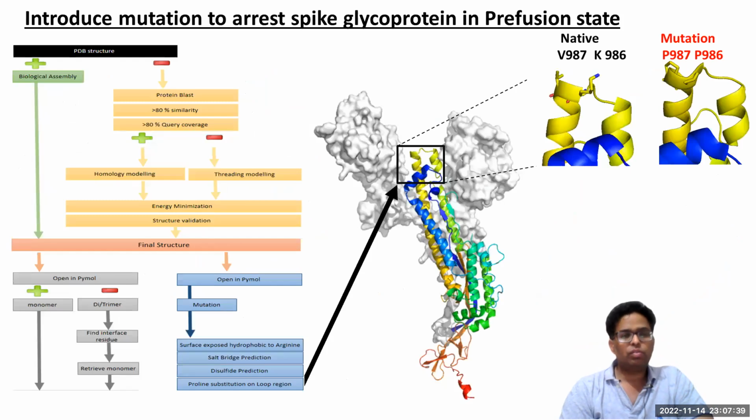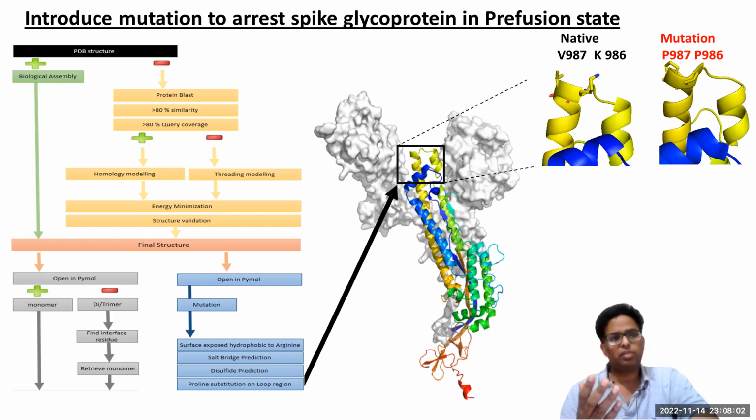So this is the way mutations were introduced to arrest the spike protein in the pre-fusion state. K986 and V987 were mutated to proline, and that is Jason McLellan's work. I'm just saying that I tried to do these things following a similar concept.